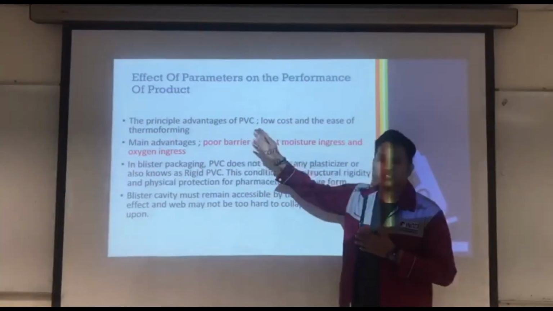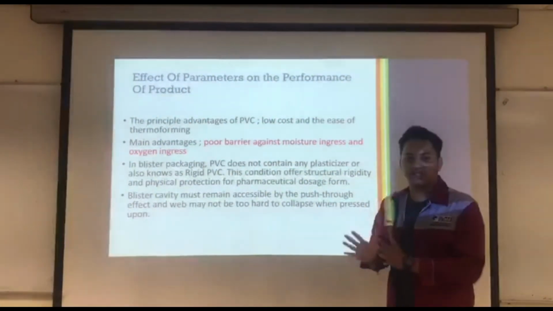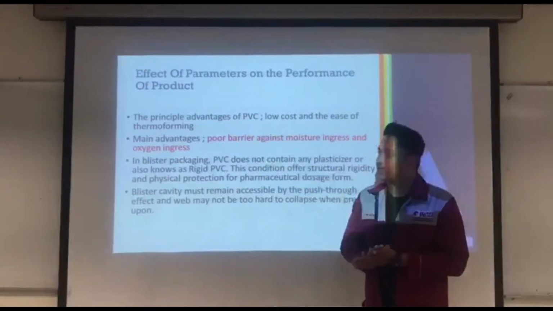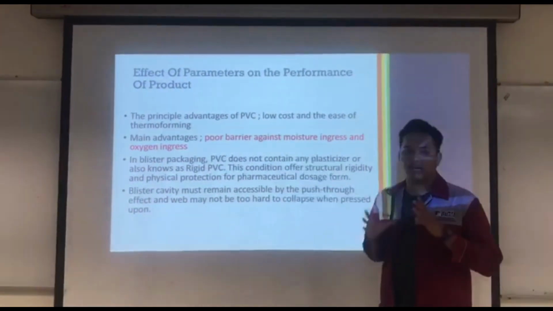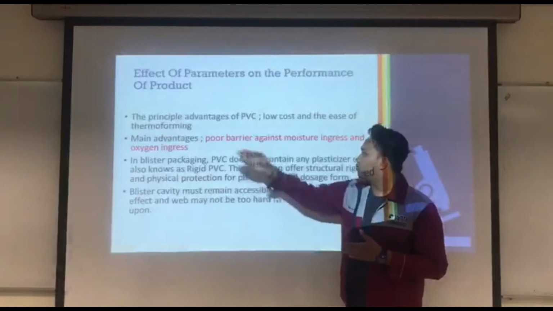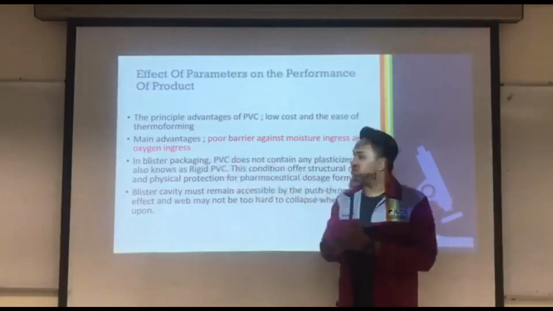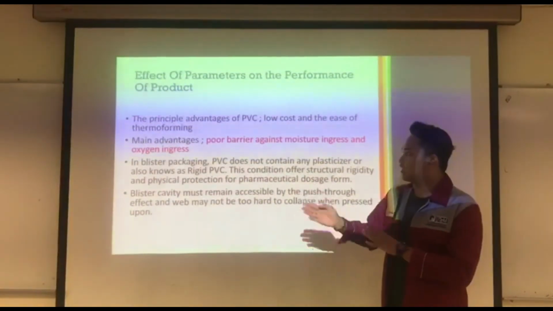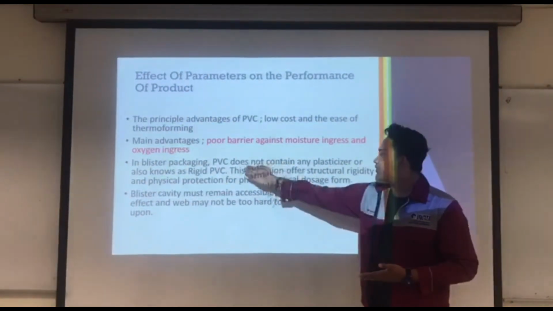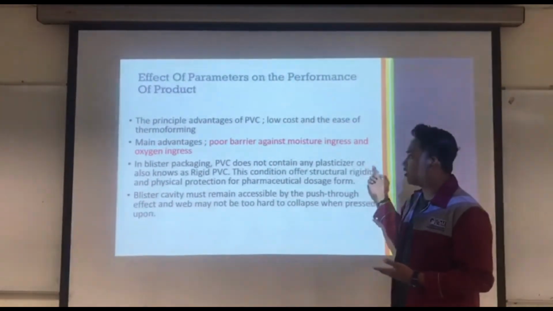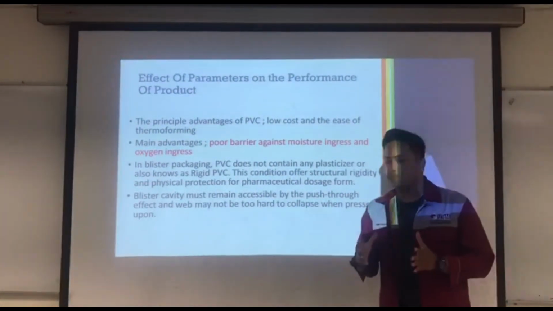The first, the principal advantage of PVC is low cost and ease of thermoforming. The second, the main disadvantage of PVC is poor barrier against moisture ingress and oxygen ingress. The third, in blister packaging, PVC does not contain any plasticizer, also known as rigid PVC.